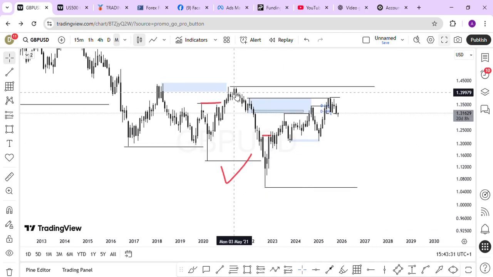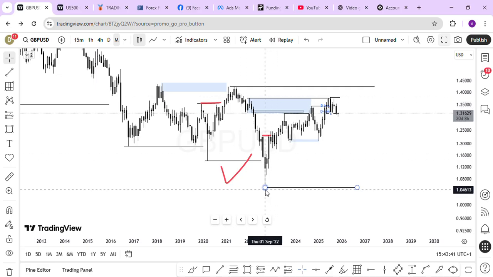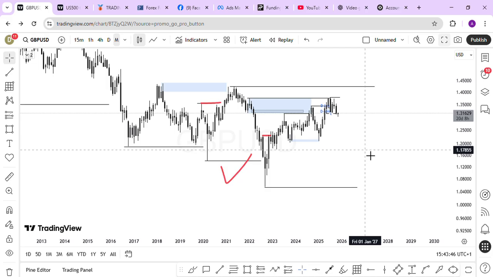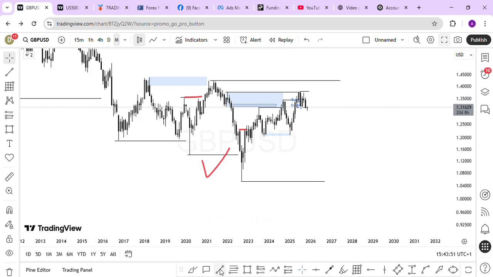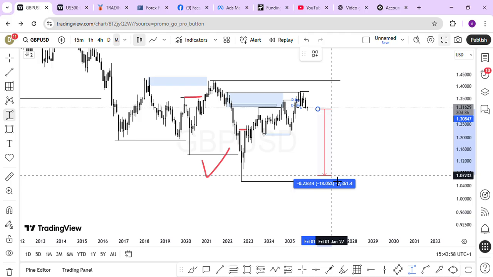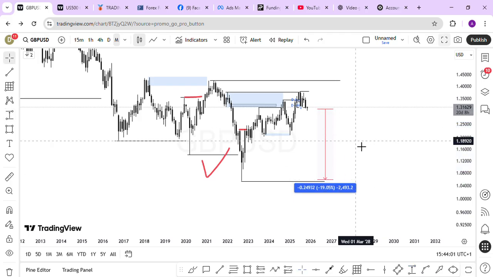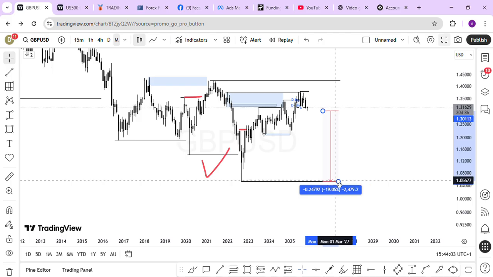If you look at it, around May 2021, that's May, June, July 2021, and we sold off to September 2022. That's over 1 year. So that's why you don't joke. Now look at it. If this level wants to hold now, it means I'm projecting almost 2,500 pips down to this GU.